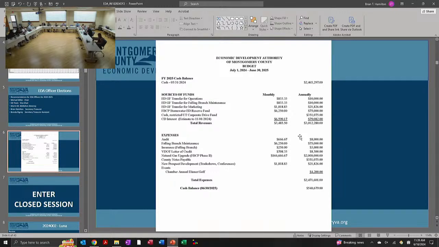So the expenses, I talked to the finance director, and she recommended $8,000 for the audit. Again, the estimate of $75,000 for fall branch maintenance. The insurance, which is up through VML, $3,000 is correct. And then we'll need a VDOT letter of credit for the Parkway Drive grant in the amount of $8,500.